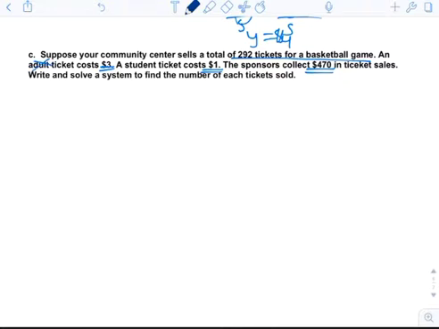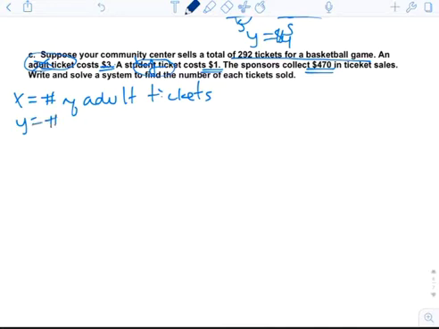Adult tickets, X. Student tickets, Y. We don't know how many student tickets there are, and we don't know how many adult tickets there are. So X represents the number of adult tickets. Y represents the number of student tickets.